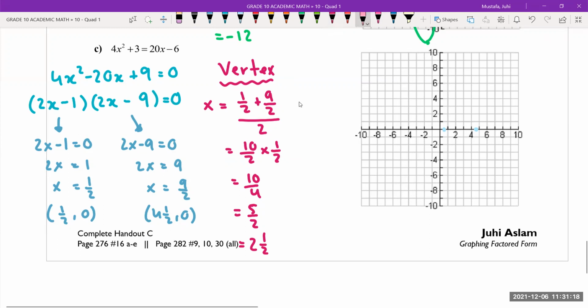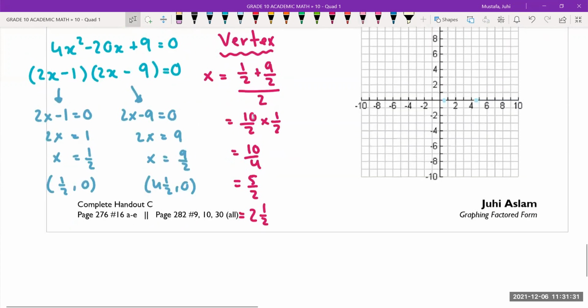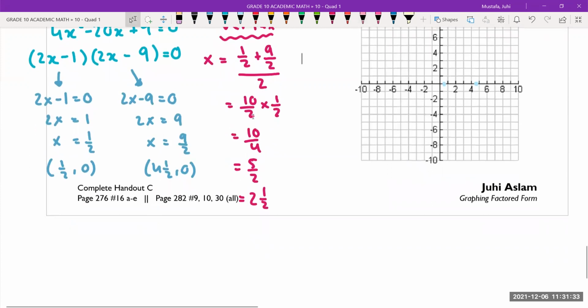And then for my y value, I'm going to put these into this and solve. I'm not going to have enough room, so I'm just going to move to the bottom of the page. So for your y, it's going to be 2x minus 1 and then 2x minus 9.